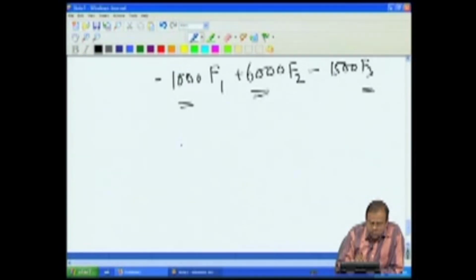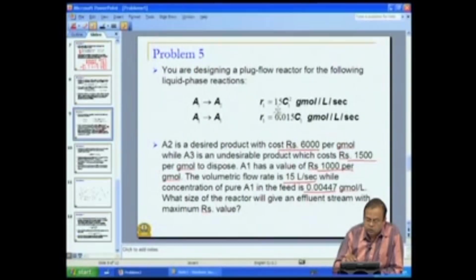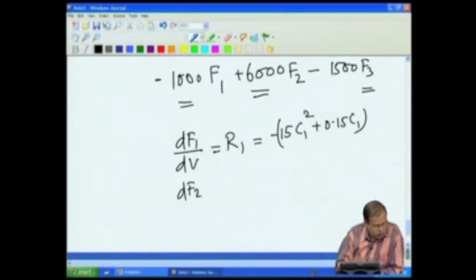How do we do this? We have dF1 dV, which is R1, net rate of conversion of species, which in this particular case, if we take the corresponding rates of two reactions R1 and R2, we can write this as minus 15 C1 square minus 0.15 C1. dF2 dV is 15 C1 square.